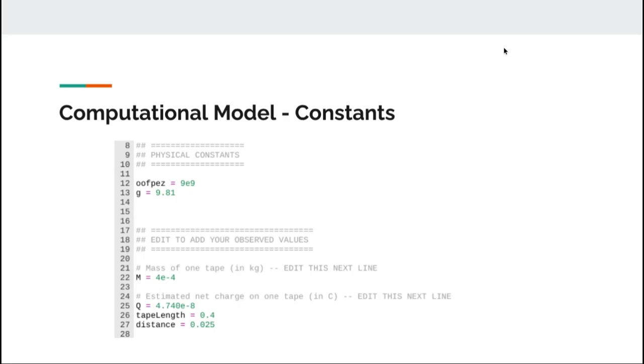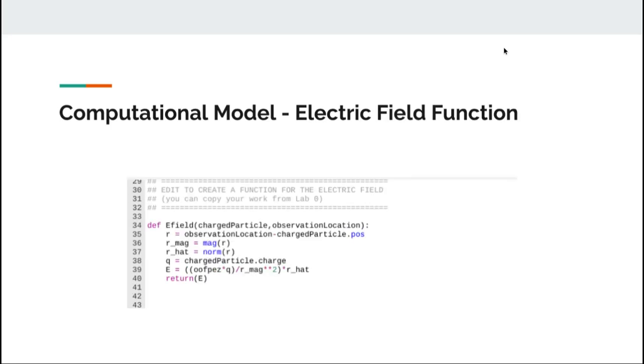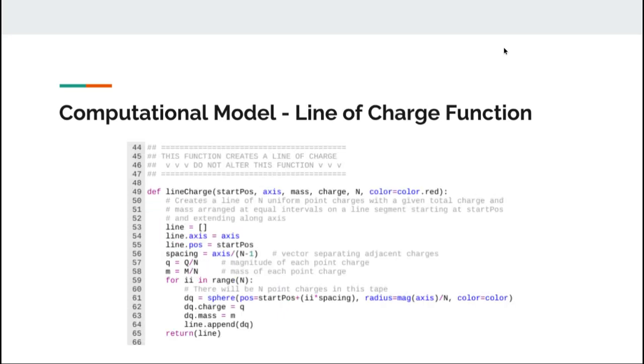So computational model, the constants were gravity, mass, and then the tape length and the distance, of course. So here we have the electric field function. This is just what we use using the observation location, the charged particle position, just to give us an idea of how the electrical field on tape B acts. And here we have the line charge function.